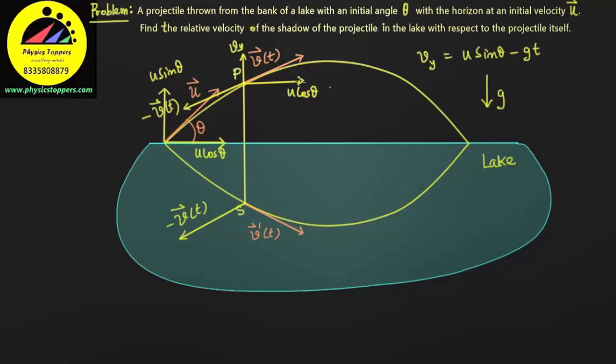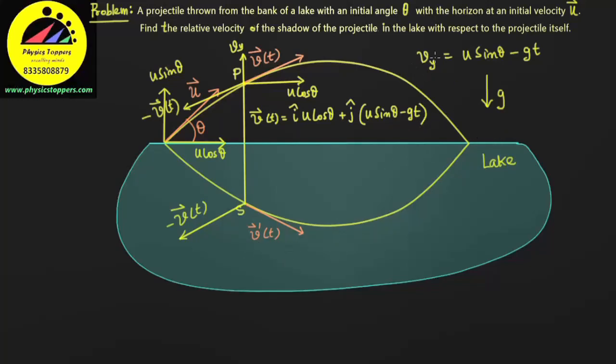So what is v? If I write it in a vector form, so v vector of t is i cap u cos theta plus j cap (u sine theta minus gt), correct? Now what is v prime of t?